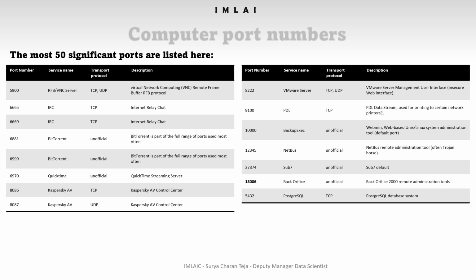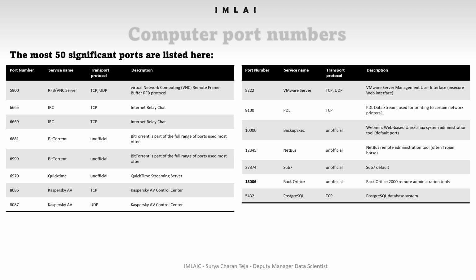And for IRC, Internet Relay Chat, 6665 is the port number. And BitTorrent is part of the full range of ports used most often. So 6881 is the port number for BitTorrent. And QuickTime is unofficial, and the port number is 6970.